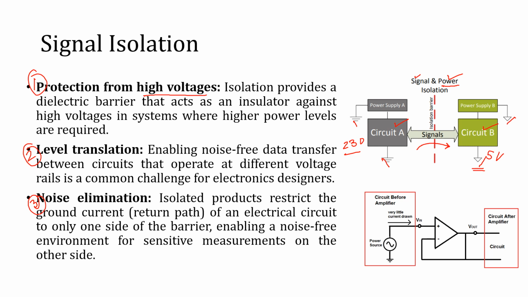If there is any noise, we can easily remove it because we are giving only high or low towards this side. Even if there is noise, something like this, the other side of the circuit is only sensitive to a threshold. That is, when this value crosses some level of, let's say, TTL logic, for example, say 2 volt, for this side of the circuit it will be a high, level 1.